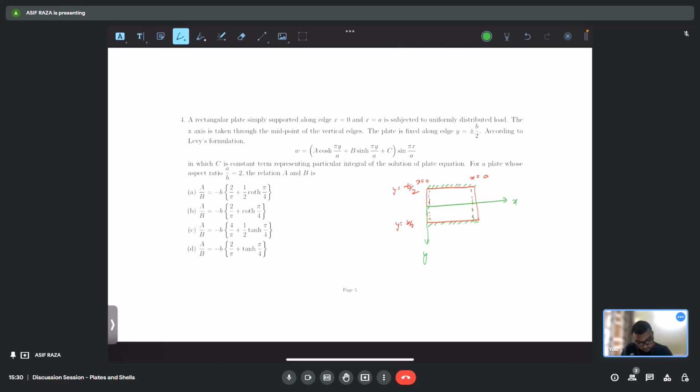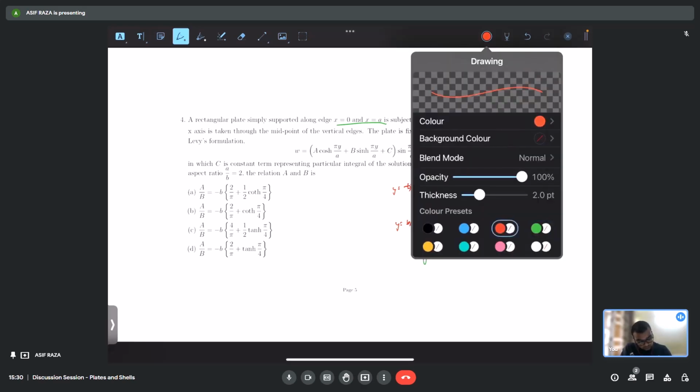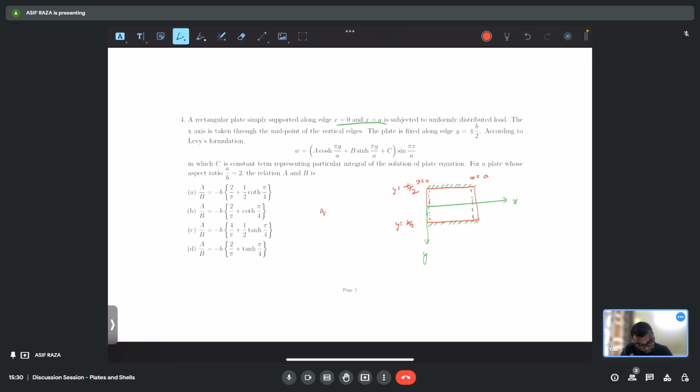Okay, a simply supported edge is subjected to UDL. So we are given a uniformly distributed load q. The plate is fixed at this edge. Okay, so we begin with this, and we have a by b equal to 2.